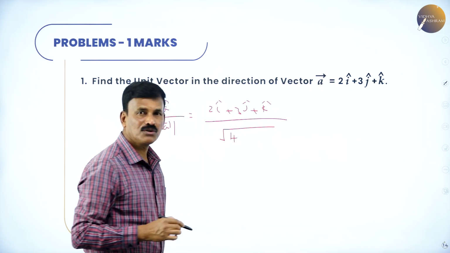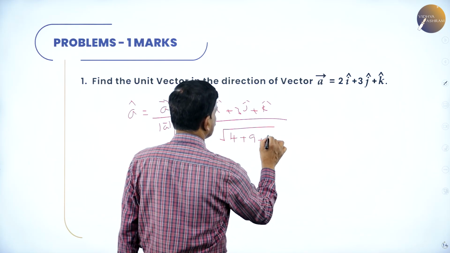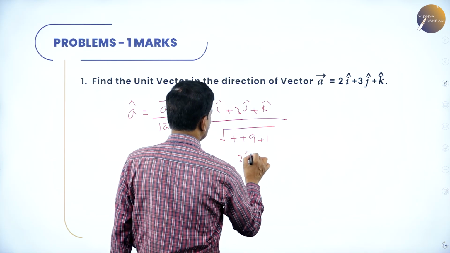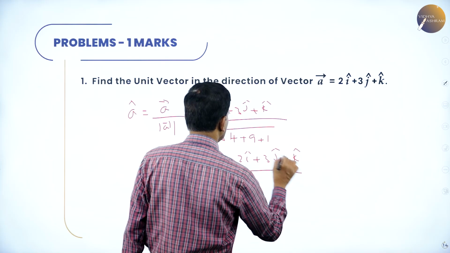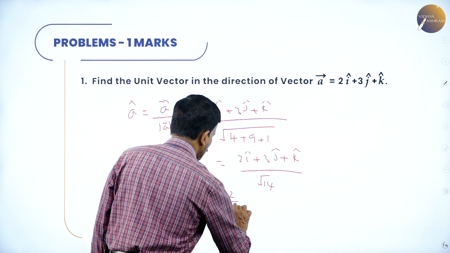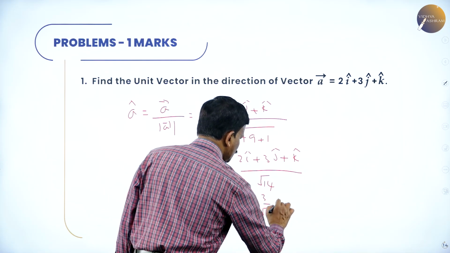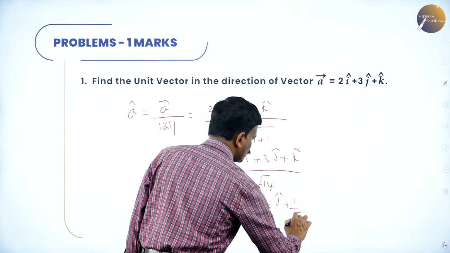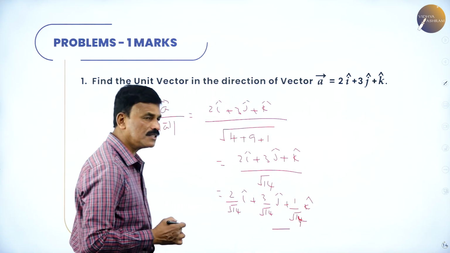Length: the coefficient of i is 2, 2 square is 4, plus 3 square is 9, plus 1 square is 1, that is (2i plus 3j plus k) divided by root of 9 plus 1 is 10 plus 4 is 14. So, you can write 2 by root 14 i plus 3 by root 14 j plus 1 by root 14 k cap. So, these are the unit vectors.